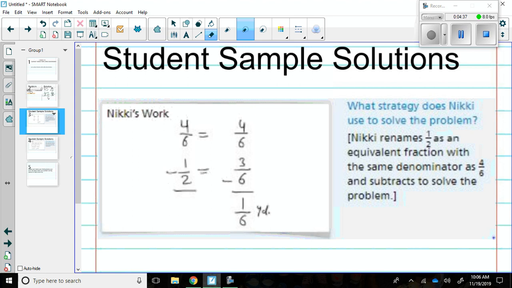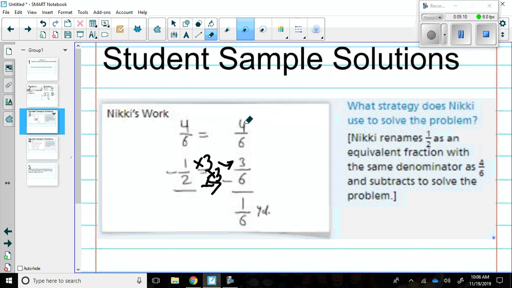Nikki did a strategy a lot similar to mine. She set her problem up vertically to solve for the common multiple of each number. She didn't show how she got the 2 to the 6, but she knew that 2 times 3 equaled 6, and then she took 1 times 3 because you have to do the same at the top to get 3/6, knowing that 1/2 is an equivalent fraction to 3/6.